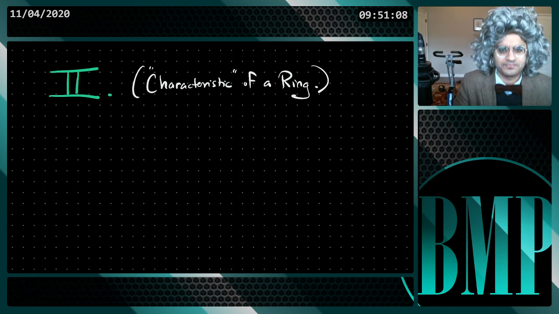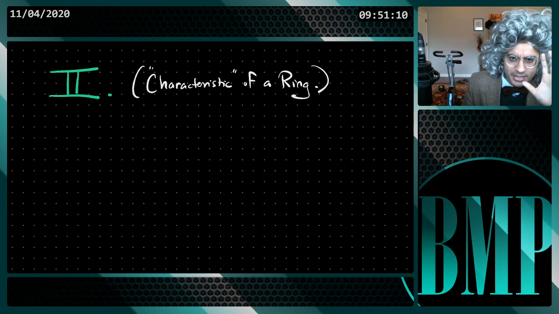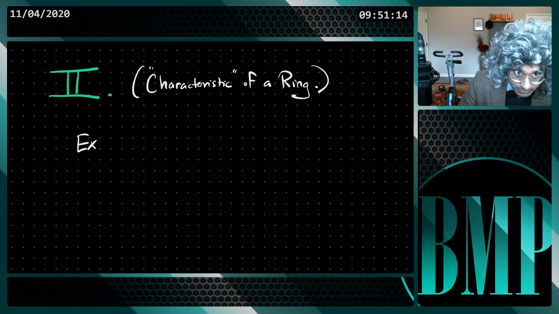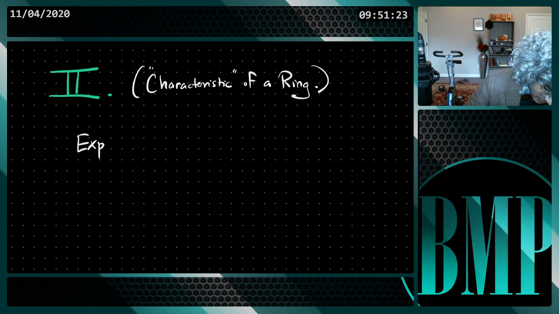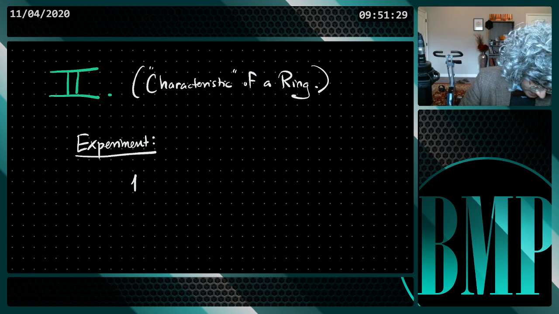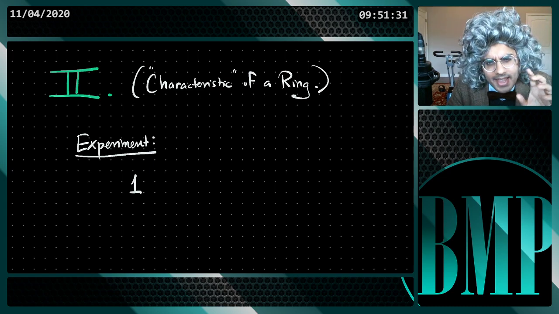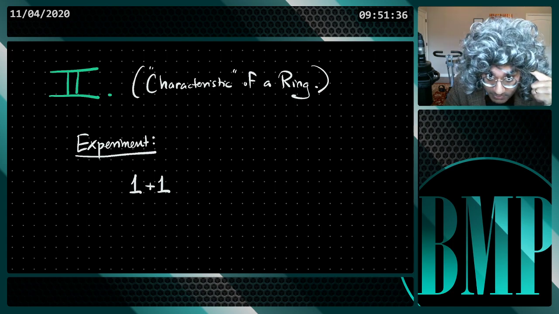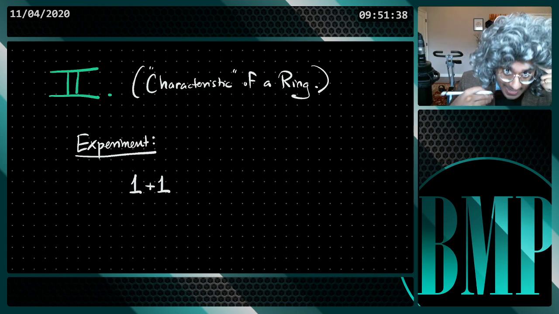Characteristic of a ring. Okay, here's the experiment you do. Take the element 1. Add it with itself. Add it again.